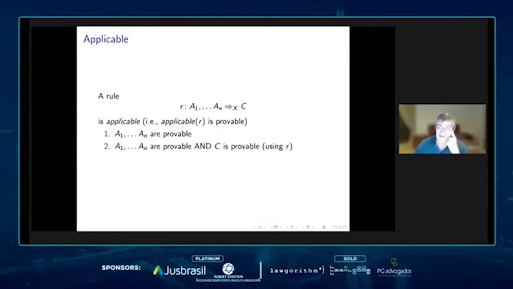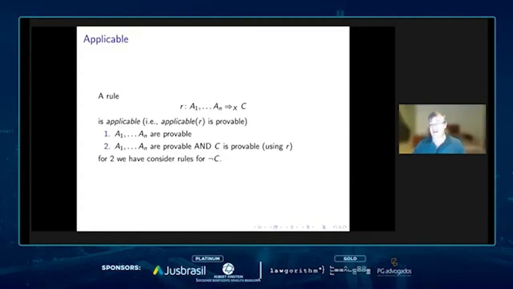However, if we consider again the first example I gave you, from the Telecommunications Consumer Protections Code, in that case, a rule is applicable if, first of all, the trigger of the rule applies, so all of the antecedents are provable, but also the conclusion, the effect of the rule, is provable in this situation. And we can also express that using R. Now, here we have a problem because when we take this definition, we have to consider that there might be some rules for the negation.